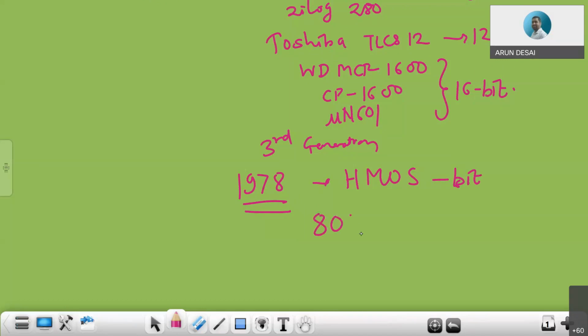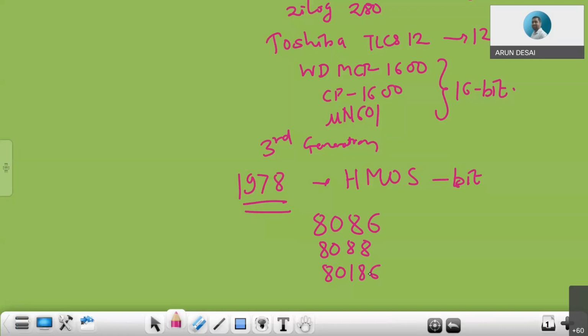What processors are there? 8086 is there, 8088 is there. Intel is there in this race till third generation. Why? Because they came up with the commercially successful processor 8085, and then added so many additions over there.